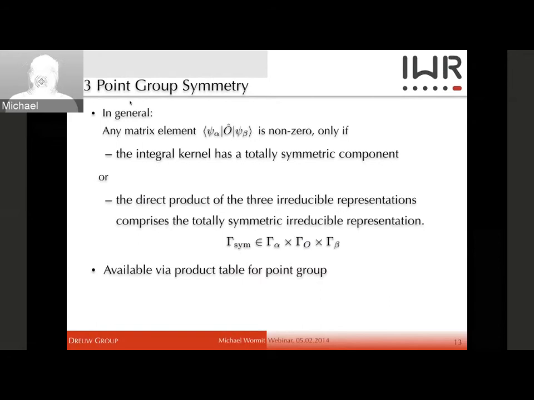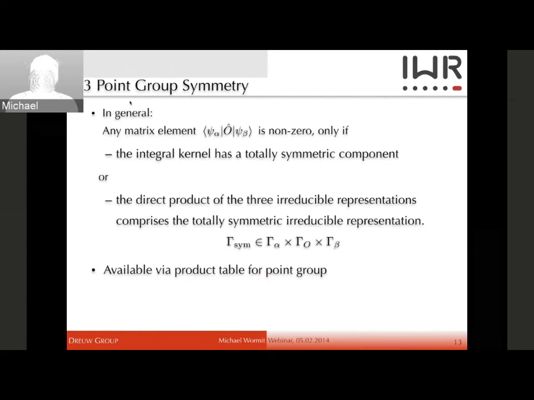And if, for one particular operator, the direct product of the three irreducible representations associated to the objects, which I've denoted below as gamma, so gamma alpha is the irreducible representation related to psi alpha, gamma O is related to the operator, and gamma beta is related to psi beta, contains the totally symmetric irreducible representation, then the matrix element is non-zero.